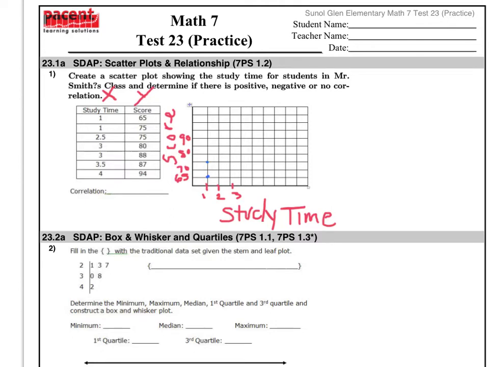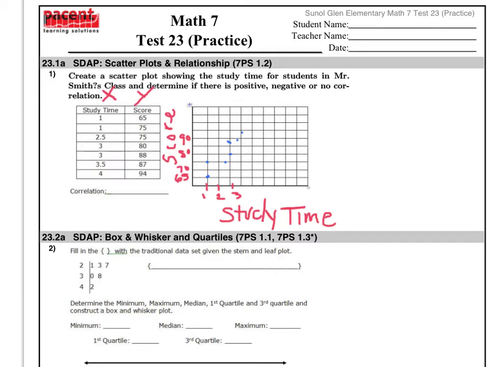So 2.5 with a score of 75 is there. A study time of 3 with 80 is going to be there. A study time of 3 with 88 is there. A study time of 3.5 with 87 is a little higher. And a study time of 4 with 94 is going to be a little higher.